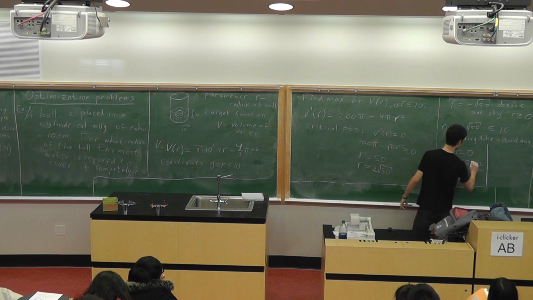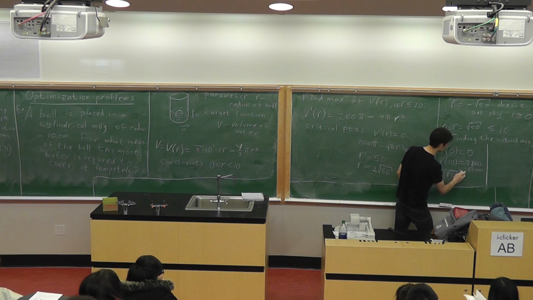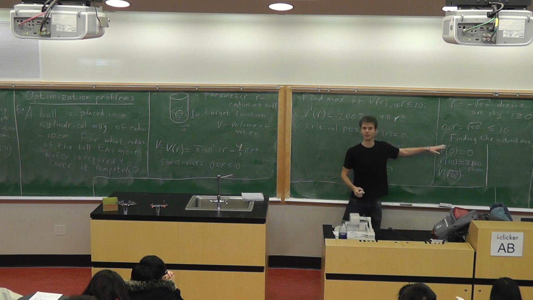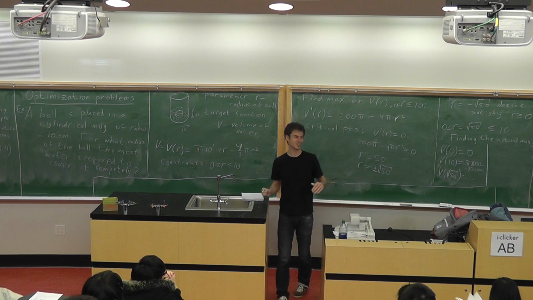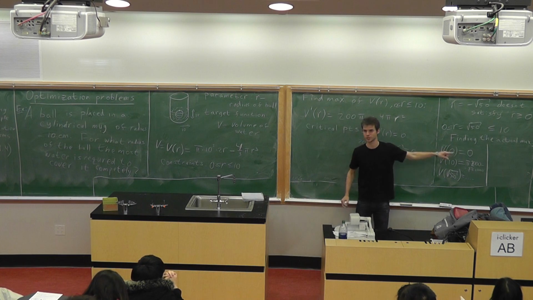Here it was 2000. That's what it is, and here you also compute and compare the values. Sorry, I won't finish this computation because I want to show the other way also.